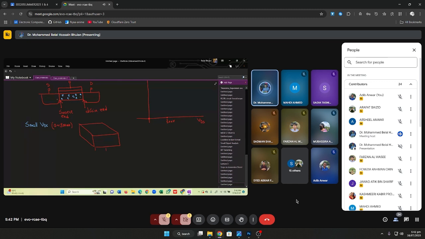This is the length of the channel, this is the width of the channel, and this is the depth of the channel. Then let me draw the circuit. This is connected to the source, and this is our other side, VDS.